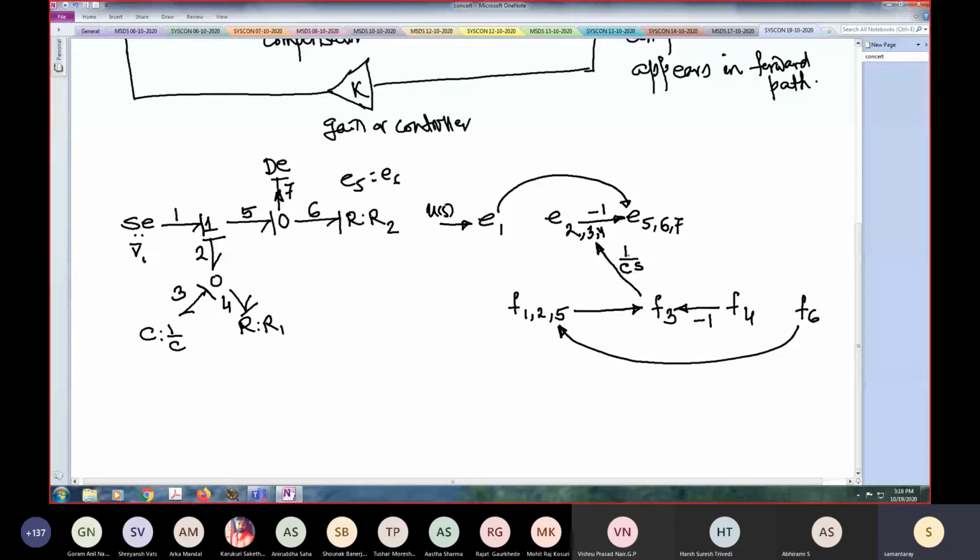That means 1 by C times integral of current, that is the charge. So 1 by C times integral of current gives the potential difference. Integration becomes 1 by S in the Laplace domain.